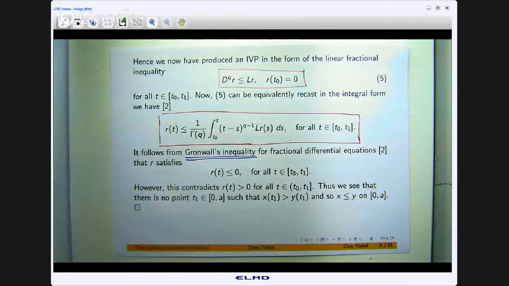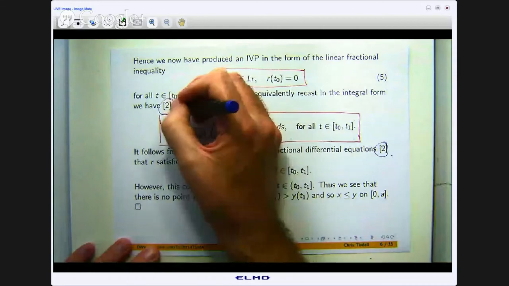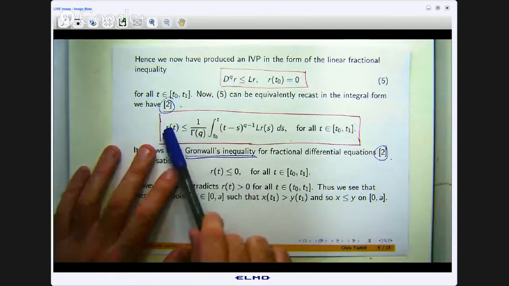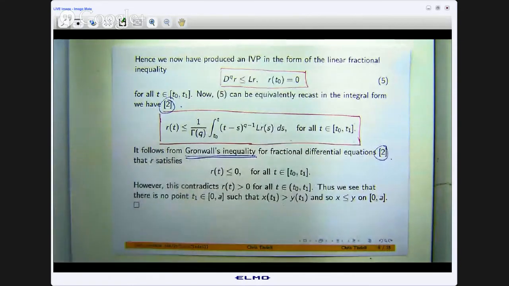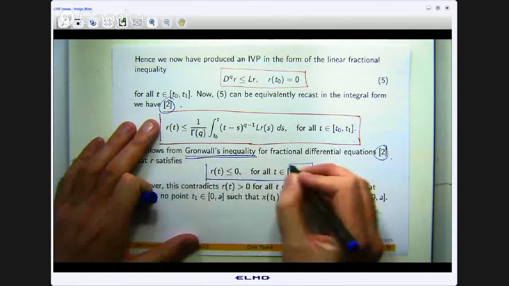And yes, I have a video about that too, or you can see it in my reference too. So for each function R that satisfies this, or equivalently this, it can't be positive. It's got to be non-negative on the interval of interest.